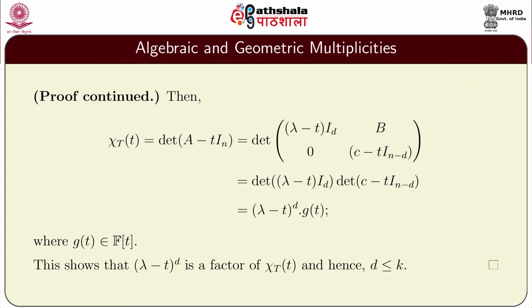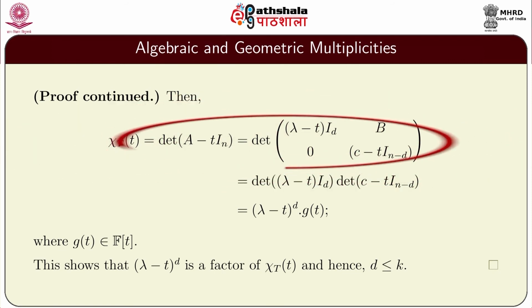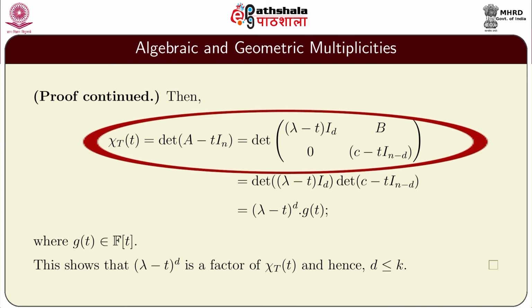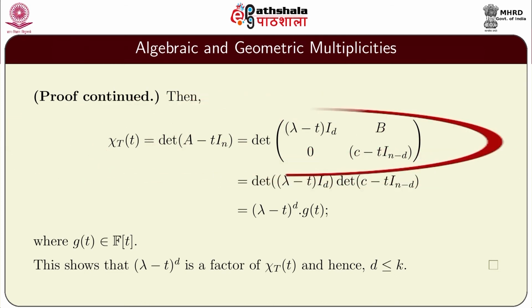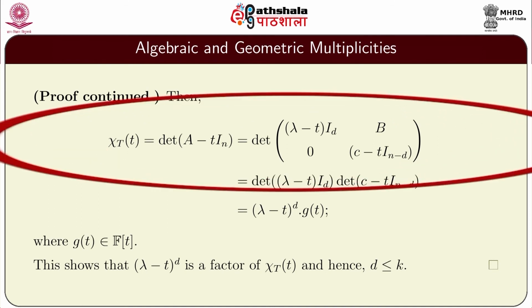Let us calculate the characteristic polynomial chi t, that is determinant of A minus t I_n, and that is determinant of this matrix in the block form, that is (lambda minus t) I_d and B in the first row, and then 0 and C minus t I_(n minus d) in the second row.